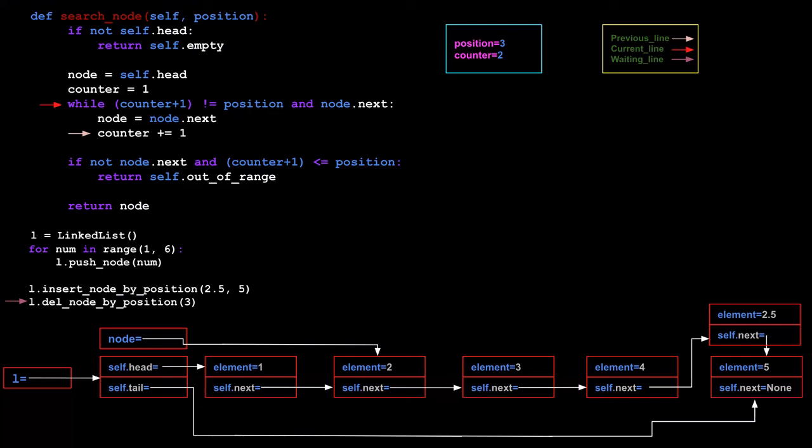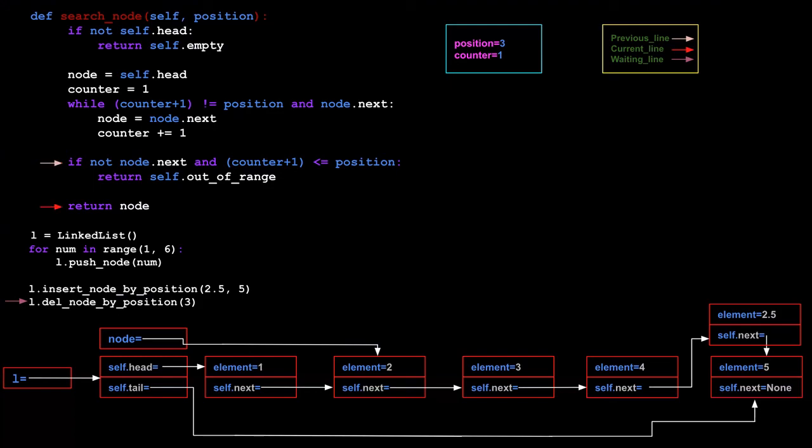And the value, if we look at the counter, is equal to 2, and 2 plus 1 is 3, and 3 is not equal to 3. That's not true. So we don't go inside, then we check if not node.next. In this case, if we take a look at the box that contains the pointer named node, and if we follow that arrow, node.next contains an address, so it does not evaluate to true.